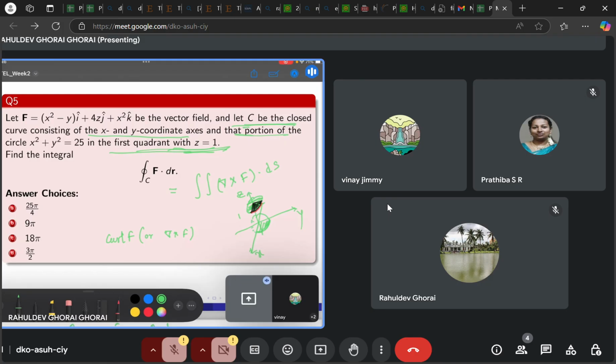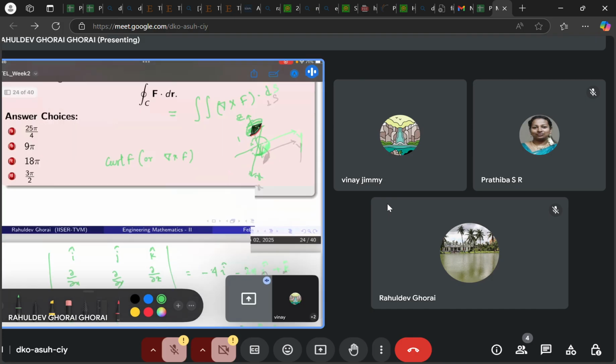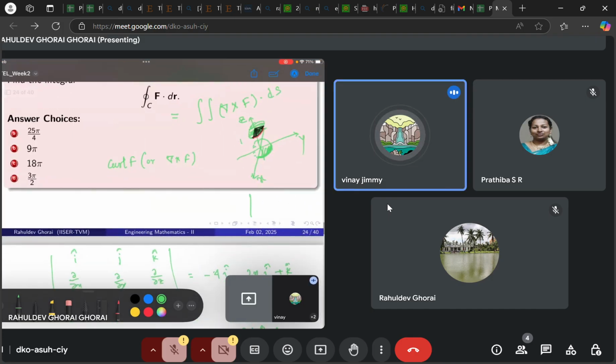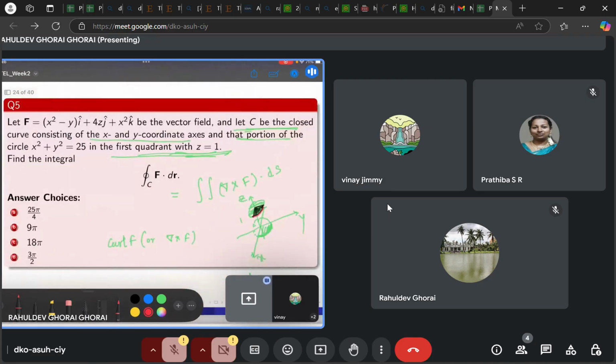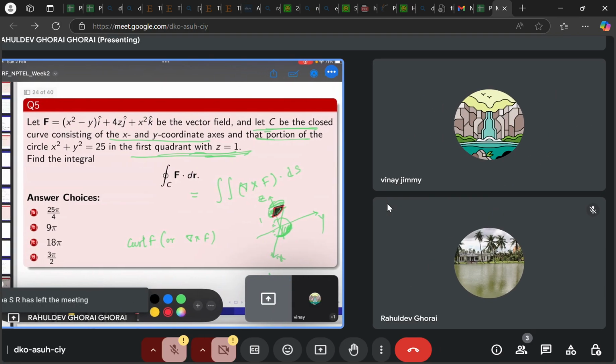This is the projection first of all, but first quadrant means this. If you have a circle, the first quadrant portion is this, the second quadrant is that way. So that's why C is the closed curve consisting of the x-axis, y-axis, and the quadrant of this circle x square plus y square equal to z. So that's why it is.